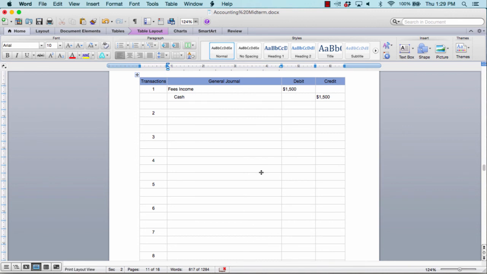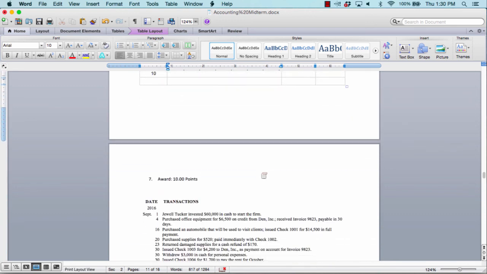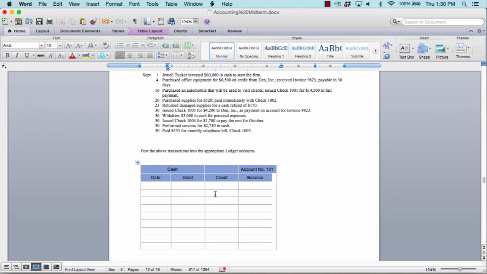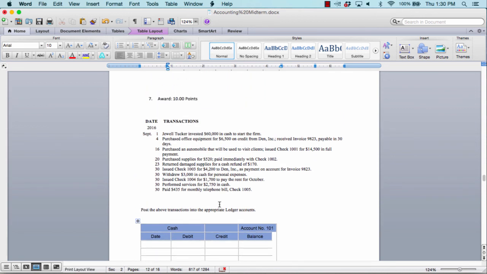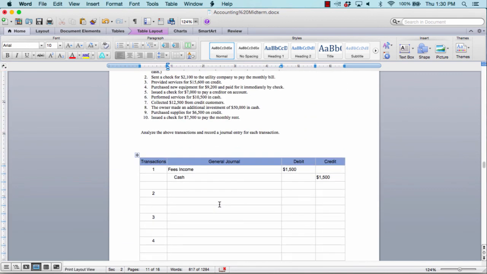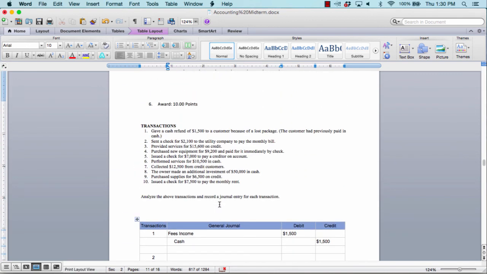So what you do is you take your general journal and you separate the transactions based on the accounts, which are the ledger accounts. So what it's asking you to do is record each of these transactions in their appropriate areas.